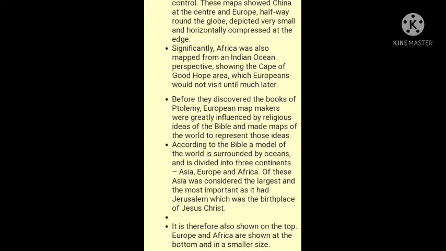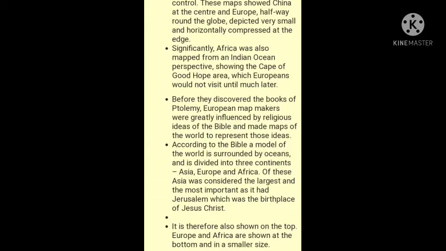According to the Bible, a model of the world is surrounded by oceans and is divided into three continents: Asia, Europe, and Africa.